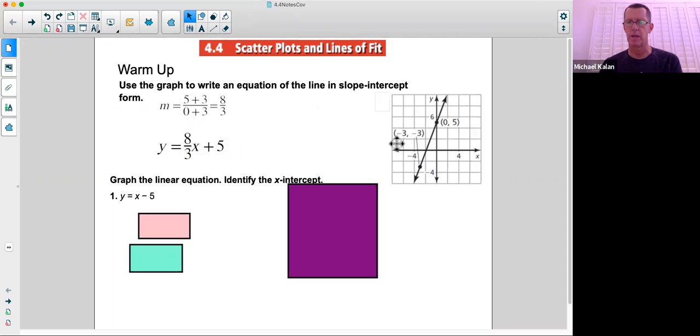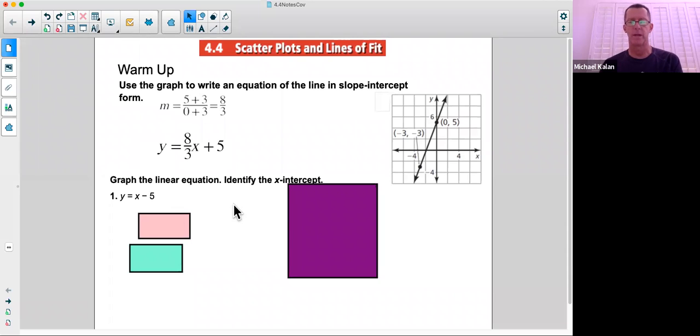Check it by plugging in another point, including this point right there. 8/3 times -3 would cancel the 3's and be -8, plus 5. Does that equal the -3 that we plugged in for y? Absolutely.